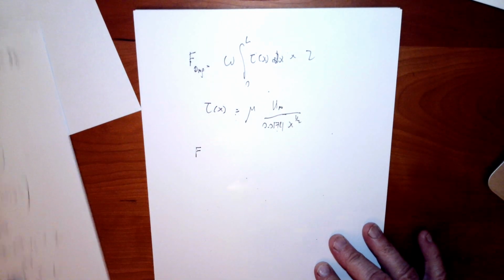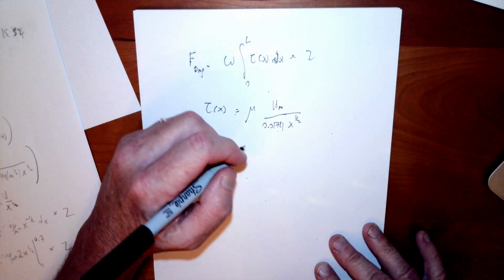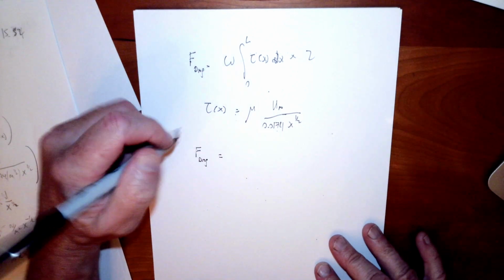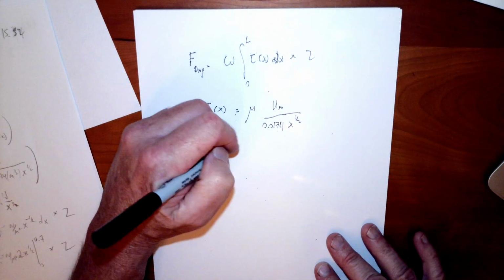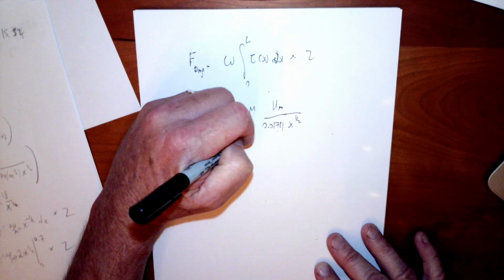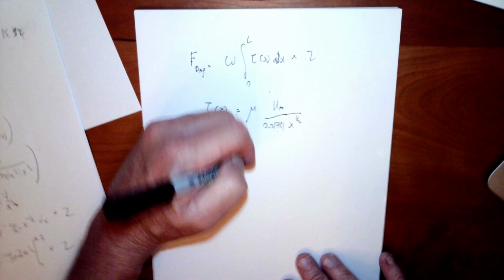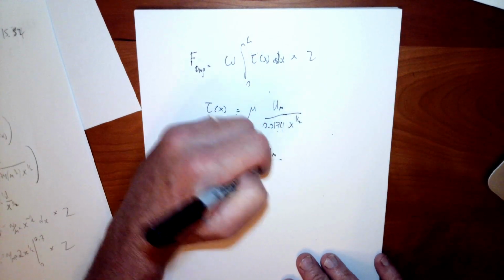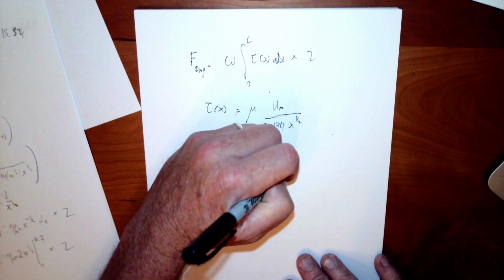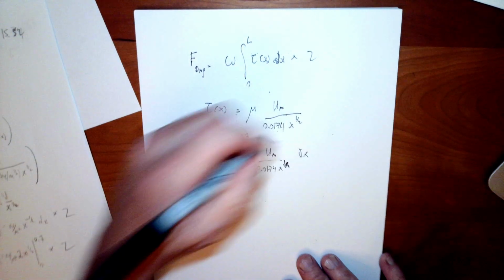F drag is equal to the integral, W, 0 to 0.7 of mu times u infinity over 0.0174 x to the 1/2, dx.